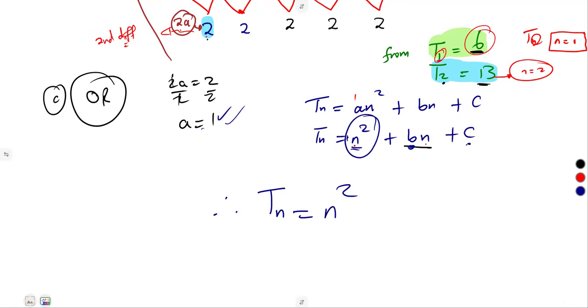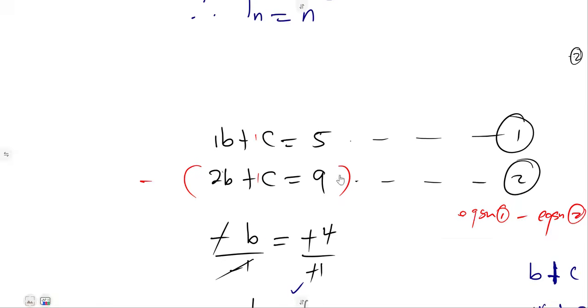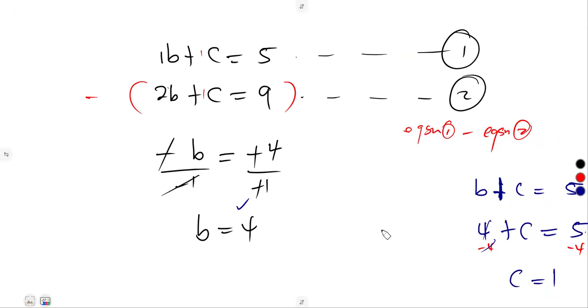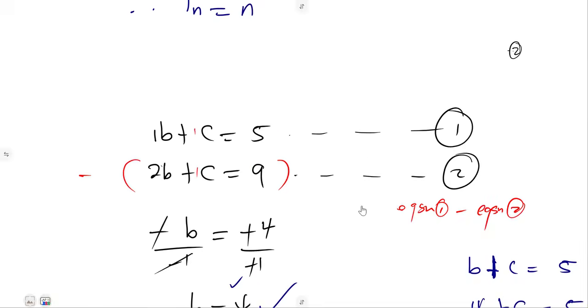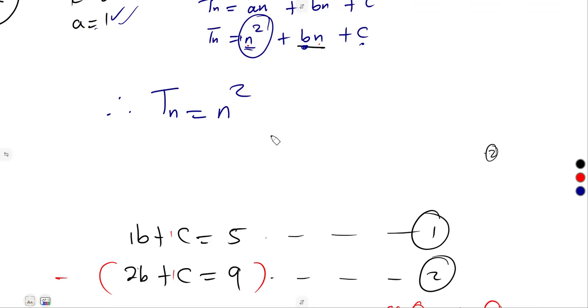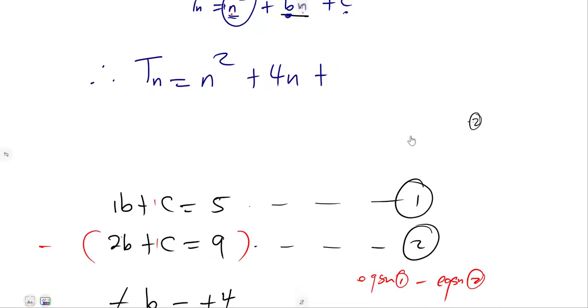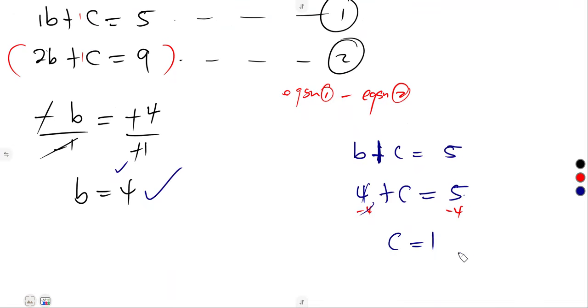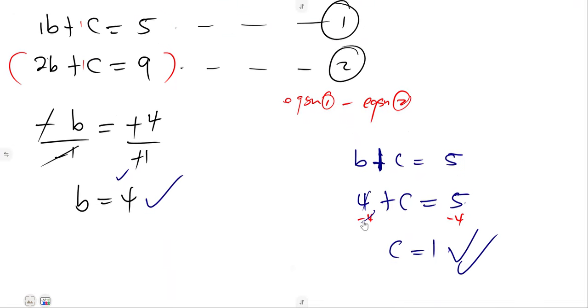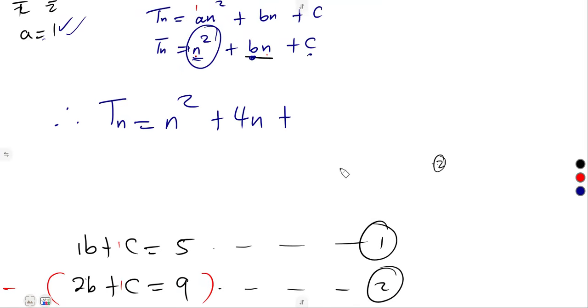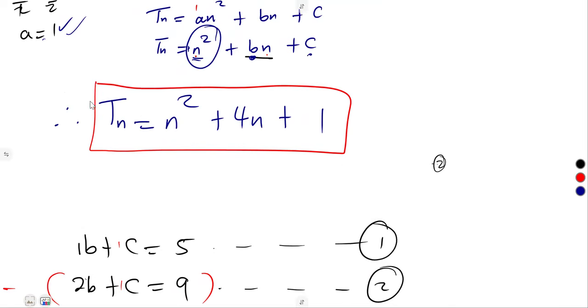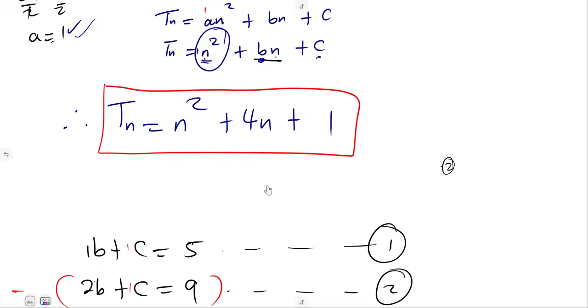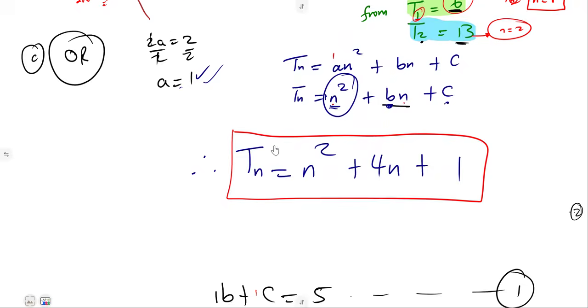So we need b, and our b from here is 4. So we're going to substitute that here. So that's plus 4n, plus our c. Remember, our c, when we calculated, was a positive 1. So this is it, same as what we obtained before.